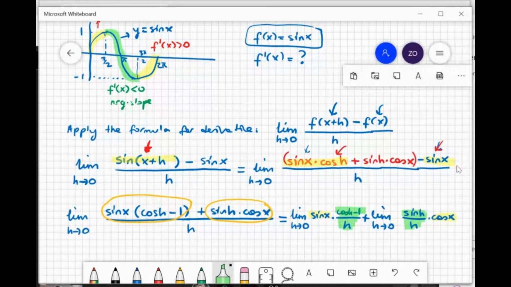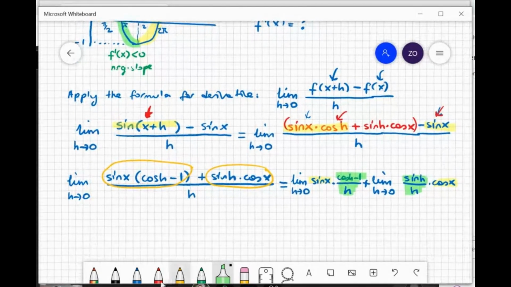So this is going to be the proof, and I will just show it for the sine function. For the rest of the functions, we are not going to go into this detail. We are just practicing here how to obtain the derivative by applying its definition, by applying this formula.